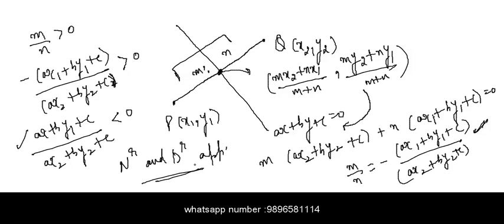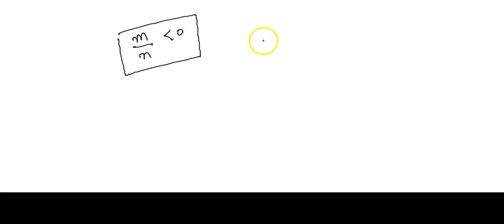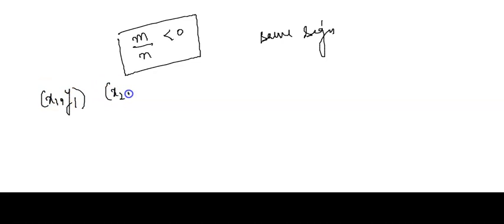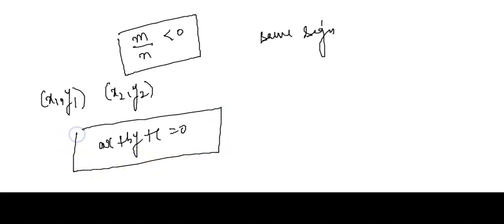And if I need m/n less than 0, that means they are on the same side, and in that case they should be of the same sign. So the moral of the story is that if I need to check whether these 2 points (x1, y1) and (x2, y2) lie on the same side or on opposite sides of this line, what we have to do is just substitute this point and this point in the given equation.